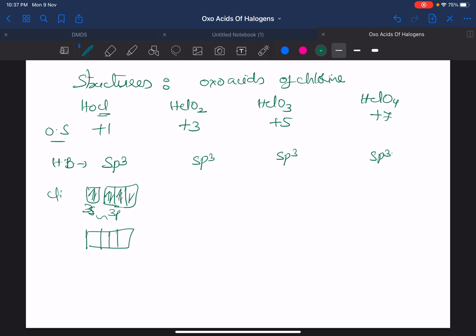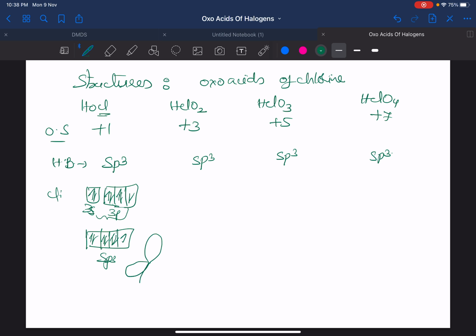When these 4 orbitals come together, they give 4 sp3 hybrid orbitals. Total electrons are 7. When these electrons are distributed, 3 of the orbitals have paired electrons and 1 has an unpaired electron. So we will give the structural representation of the sp3 hybrid orbitals.